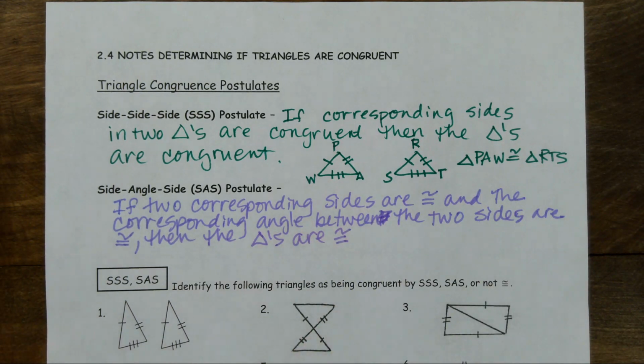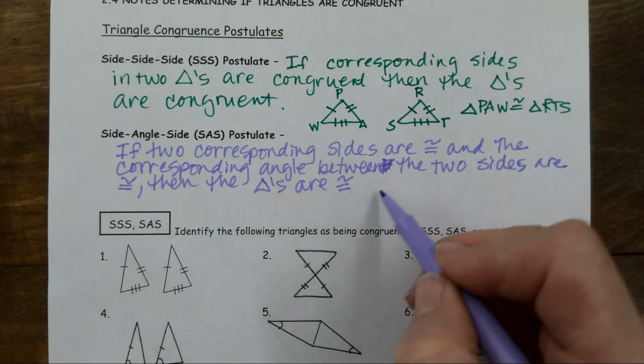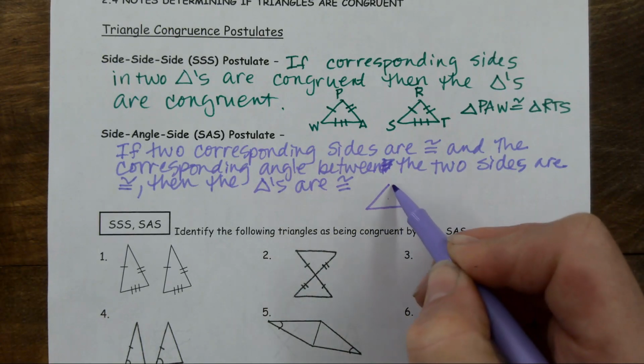So that's enough to make a unique triangle. Having a pair of sides or two pairs of sides in your triangles and the included angle. It's important that we look for the included angle, and this gets difficult for people to visualize.